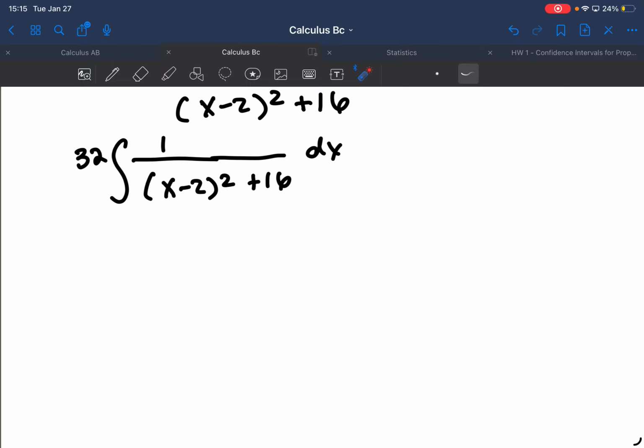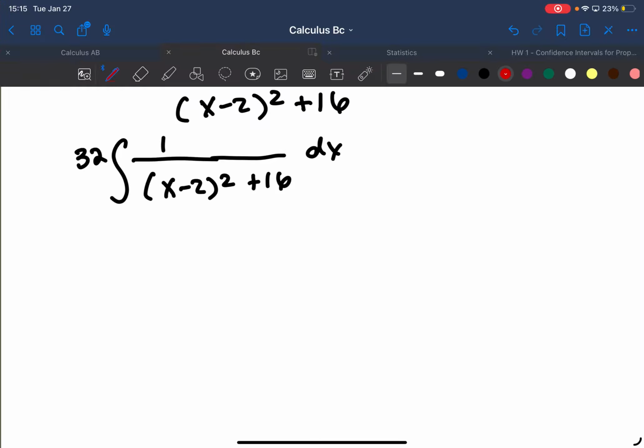You took the 16 out, so you had like 32 integral the whole thing, and then in parentheses put 16. I can't take the 16 out, but I am going to do something with the 16. Someone said it. I don't know who said it. We're going to divide everything by 16.